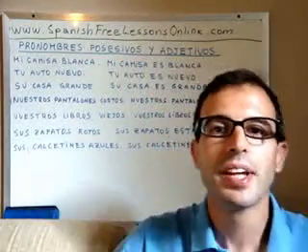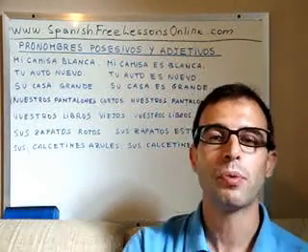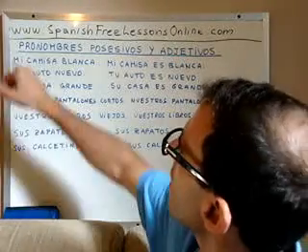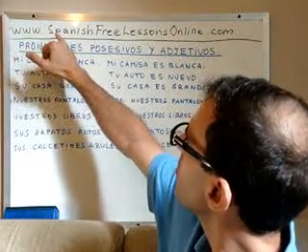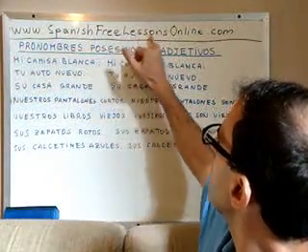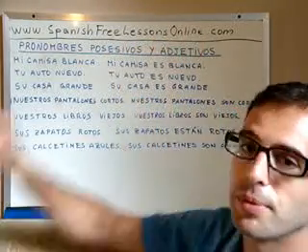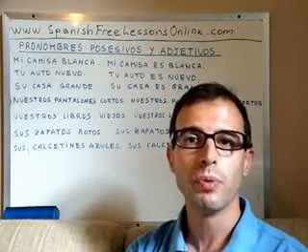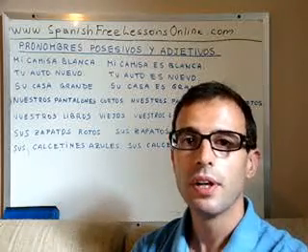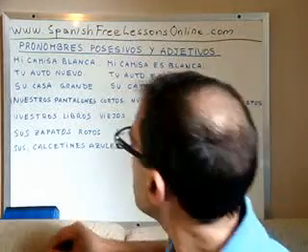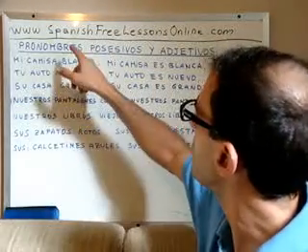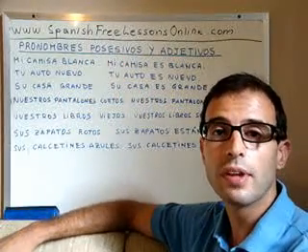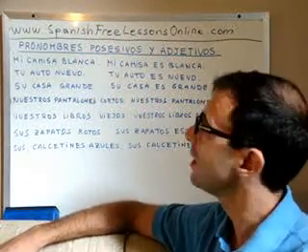Hi there. We are back. This is our 24th Spanish lesson, and we are at www.spanishfreelessonsonline.com. In this, our 24th lesson, we will now learn some more about pronouns, possessive pronouns, and a few examples with adjectives, okay?